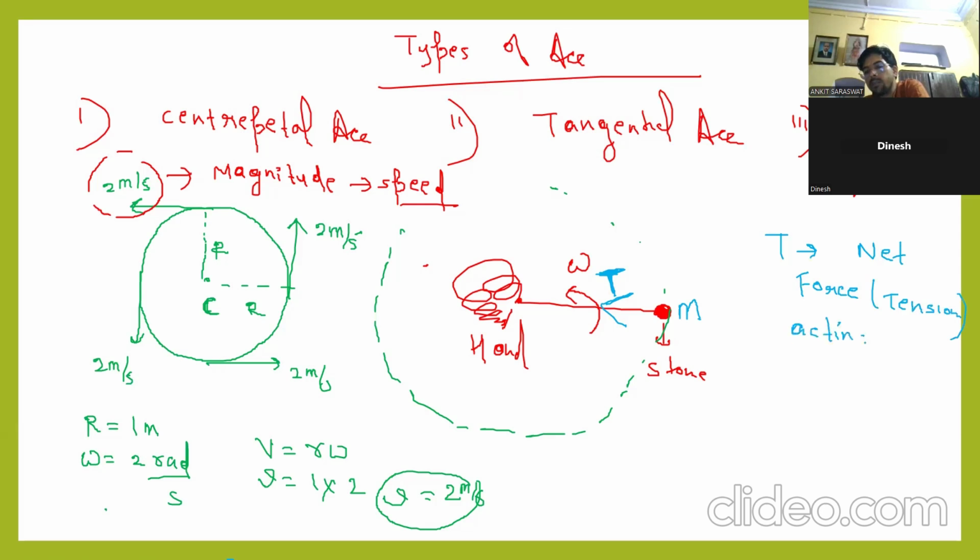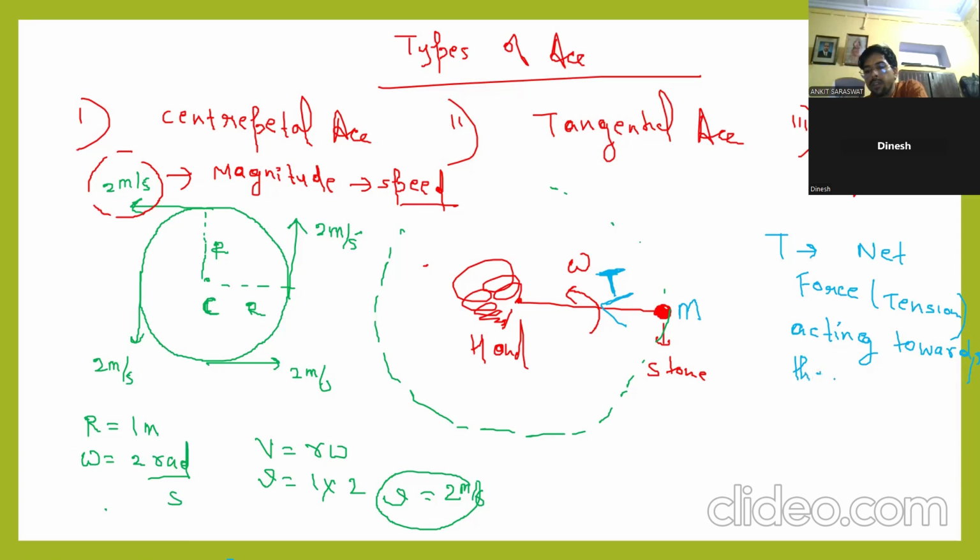Acceleration is not coming from anywhere. It is coming due to some force. That force is known as centripetal force. What is centripetal force? It is the net force acting towards the center. So tension, centripetal force, any type of force that is acting towards the center. Here net tension force is acting towards the center, and this force is responsible for centripetal acceleration.